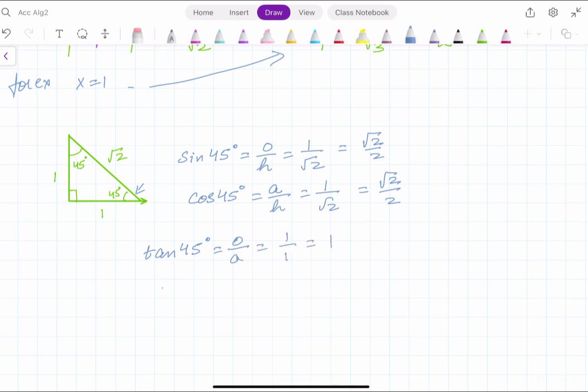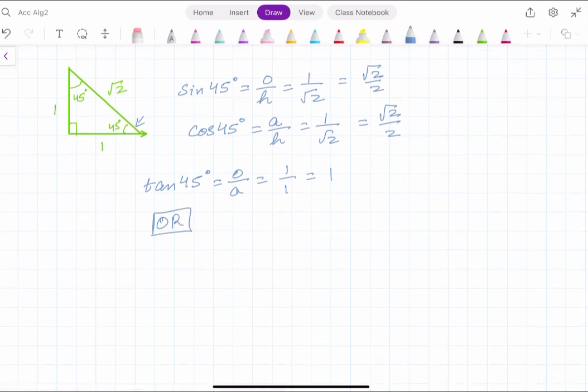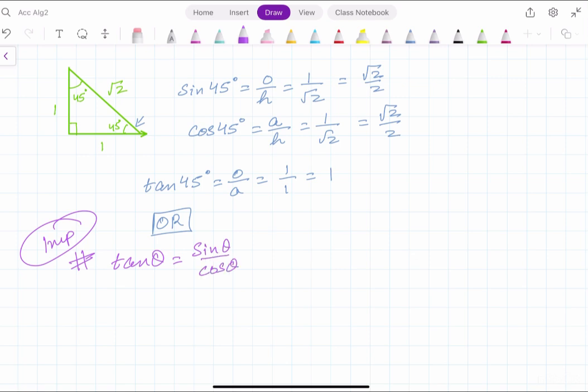But here's the thing, there is another way to figure out tangent, and this is very, very important. Tangent can be written as the ratio of sine over cos. If you divide sine theta by cos theta, you will get tangent theta. The reason is sine theta is opposite over hypotenuse and cos theta is adjacent over hypotenuse. Let's prove it.